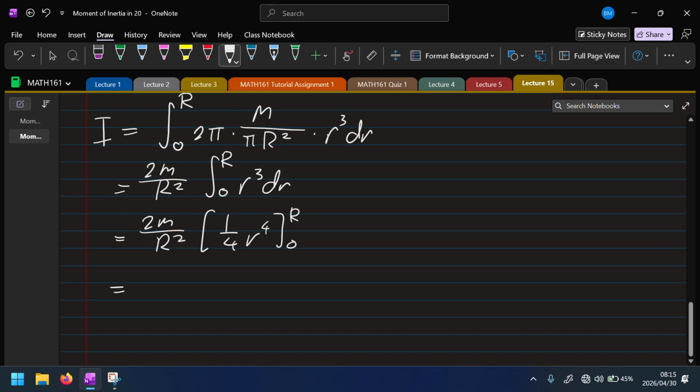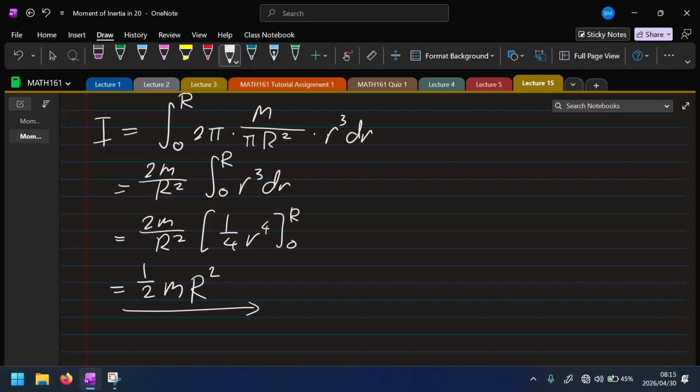So we've got a quarter we can take out. 2 over 4, there'll be a half on the outside. Then we've got m, and then R to the 4 over R squared, we're left with R squared. So that will be the moment of inertia for just a simple solid disk.